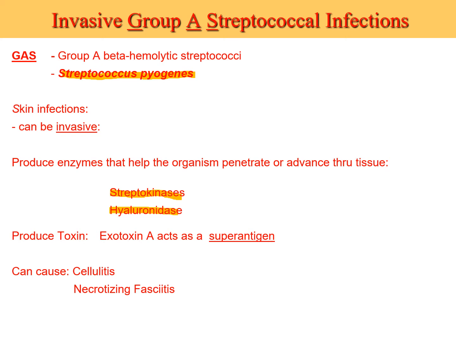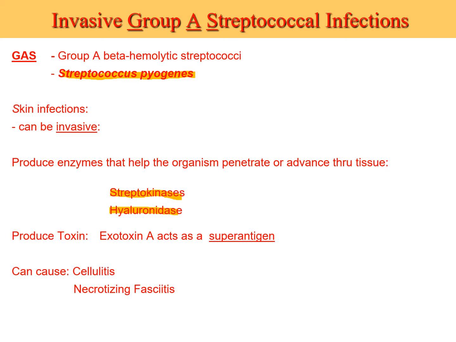Streptokinase is quite good at destroying blood clots, so that helps the organism advance through. As tissue gets injured, there's bleeding and blood clot formation that helps to isolate the infection. But because of the streptokinases, these varieties of Streptococcus pyogenes can work their way through.